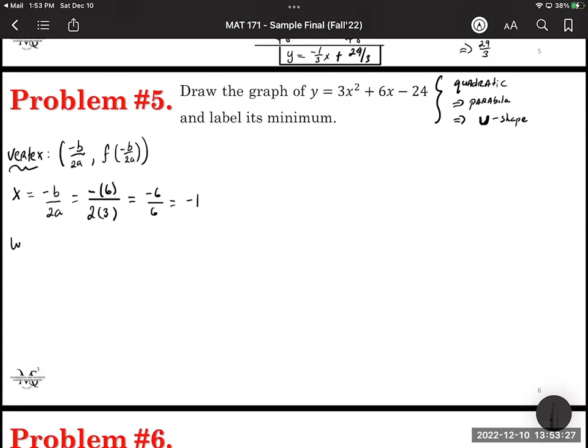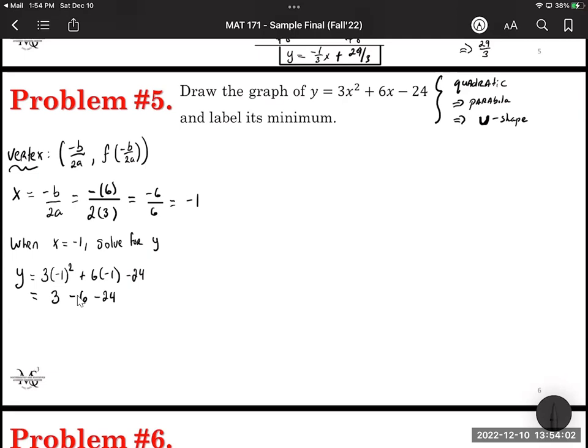Okay, so now when x is equal to negative 1, you can solve for y. So you're going to get y equals 3 times negative 1 squared plus 6 times negative 1 minus 24. So what's negative 1 squared? That's going to be 1. 1 times 3 is 3. 6 times negative 1 is negative 6 minus 24.